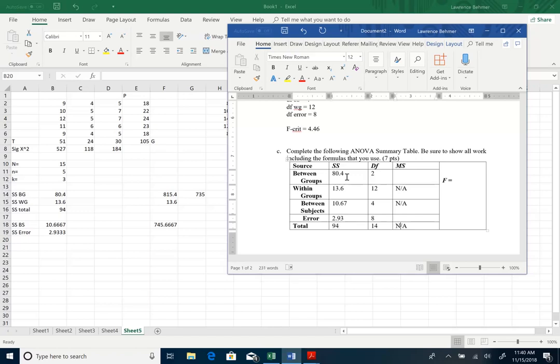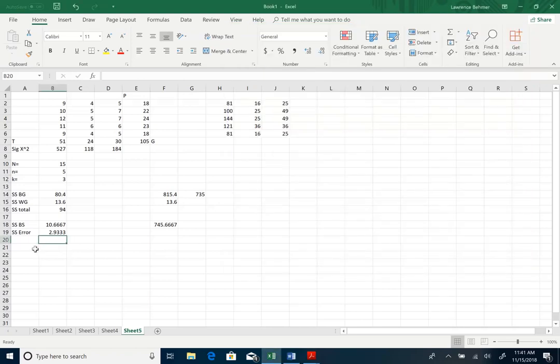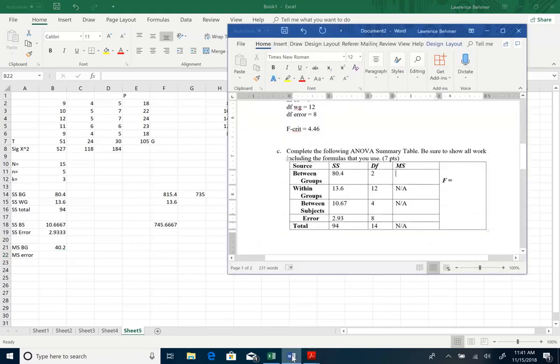Now we just need to find our mean squares for between groups and our mean squares for error. We're just going to take the sum of squares divided by the degrees of freedom. So 80.4 divided by 2. And to figure out our mean squares error, we take our sum of squares error and divide it by our degrees of freedom error, which was 8.